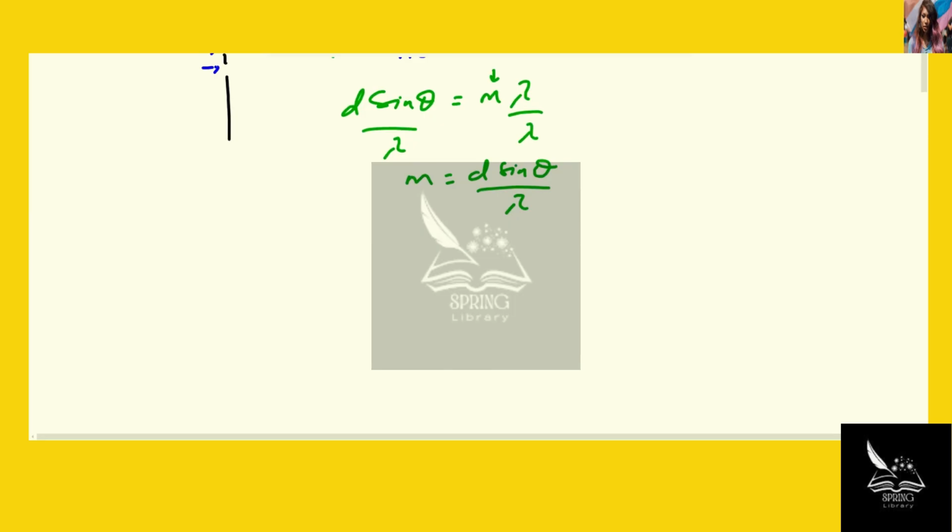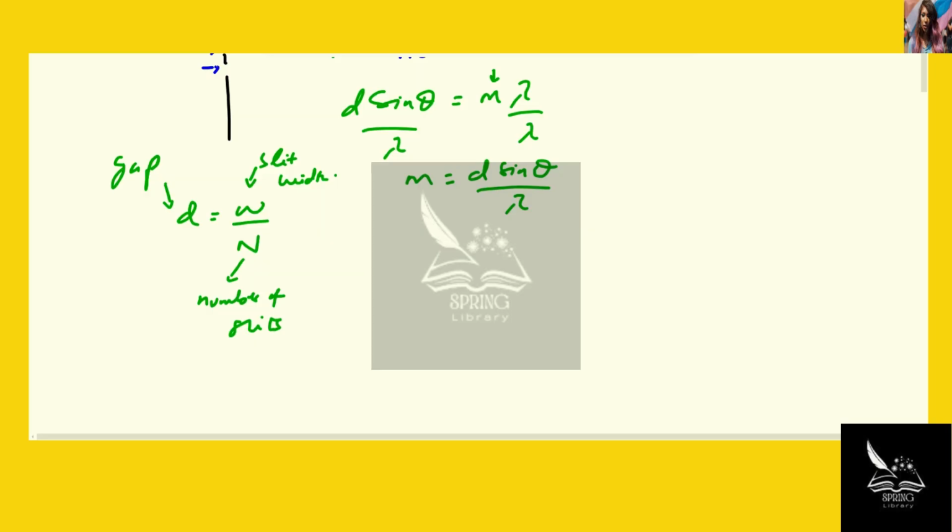We do know that since m is d sine theta over lambda, and as you can recall, d is w over n, where w is the slit width, and n happens to be the number of slits, and d is the entire gap of the diffraction grating.